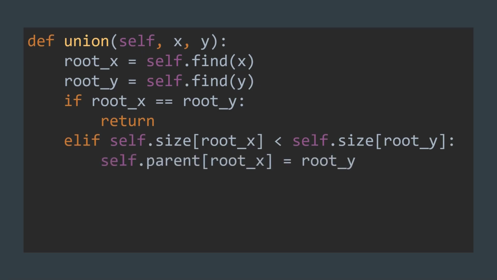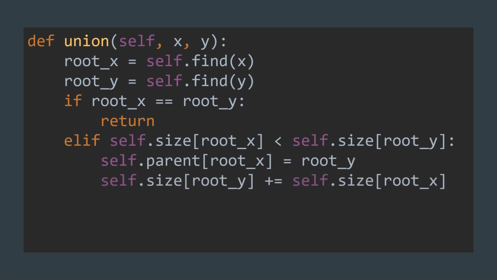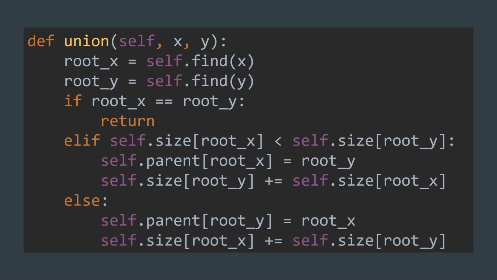We assign root Y to parent of root X. And we update the size of root Y because it became bigger. We add to it the size of root X. It represents the number of new elements that have been added to the second tree. Else is the opposite. We assign root X to parent of root Y, and we update the size of root X by adding the size of root Y to it.